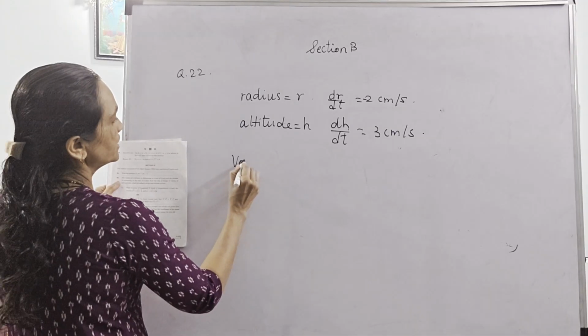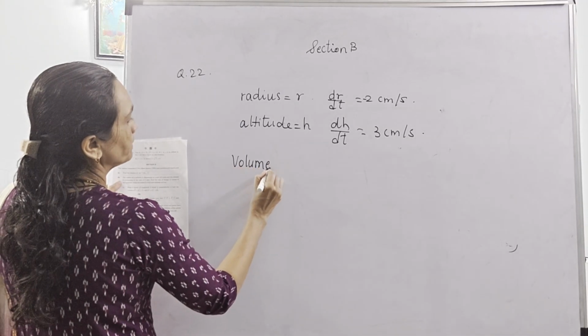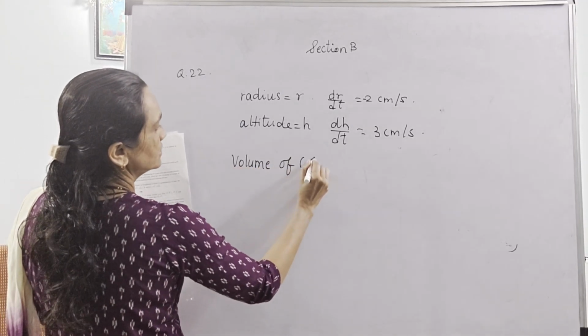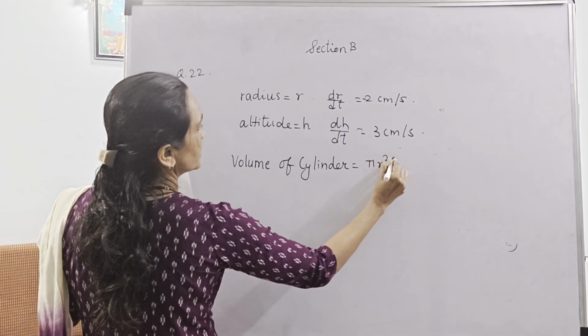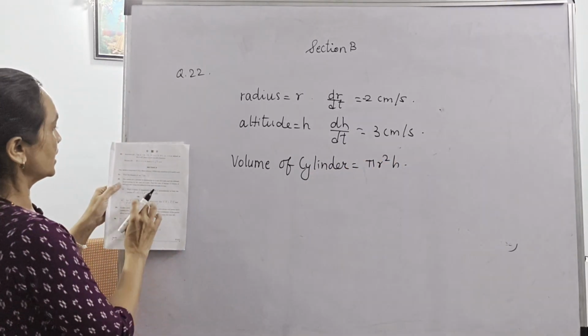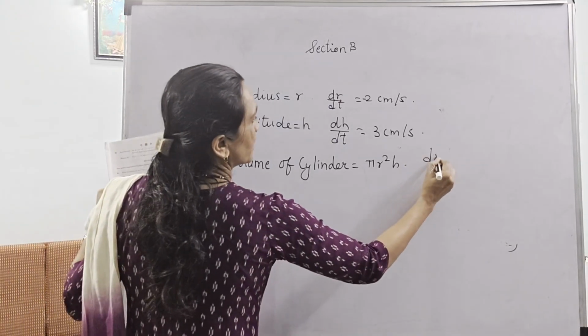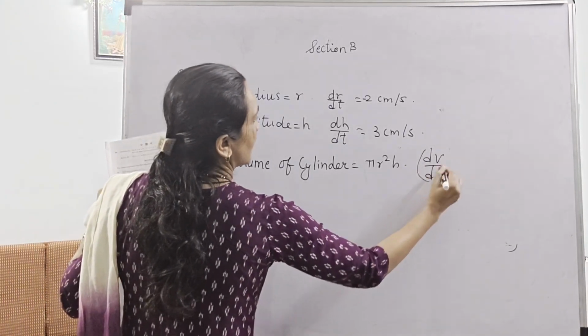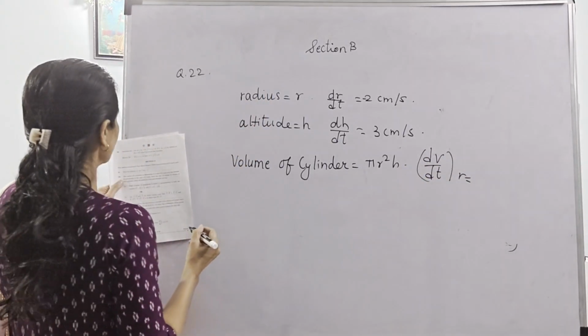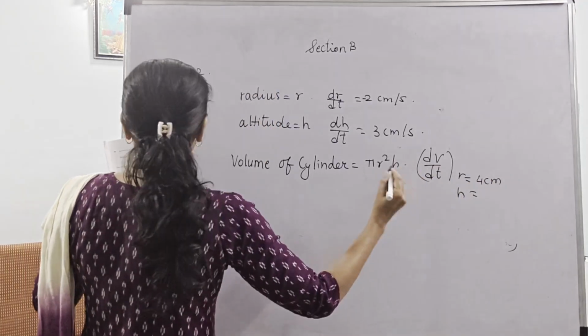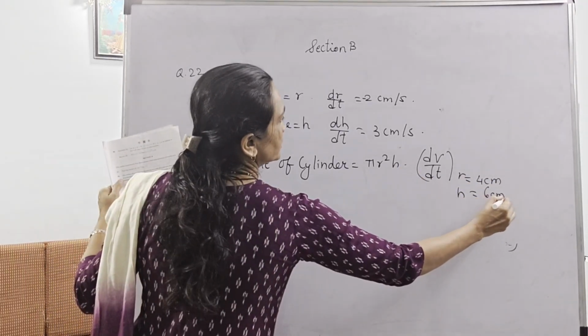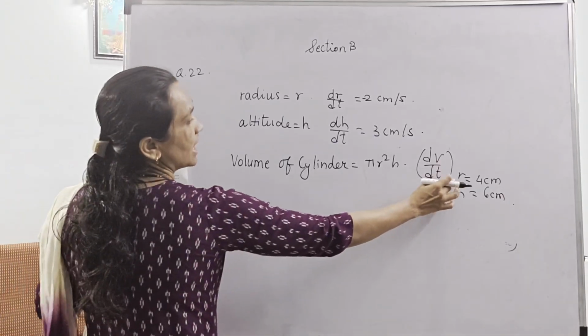So volume of a cylinder, I should know the formula. Volume of cylinder is pi r square h, and I have to find dv by dt at r equal to 4 cm and height equal to 6 cm. So two parameters are given, r and h.